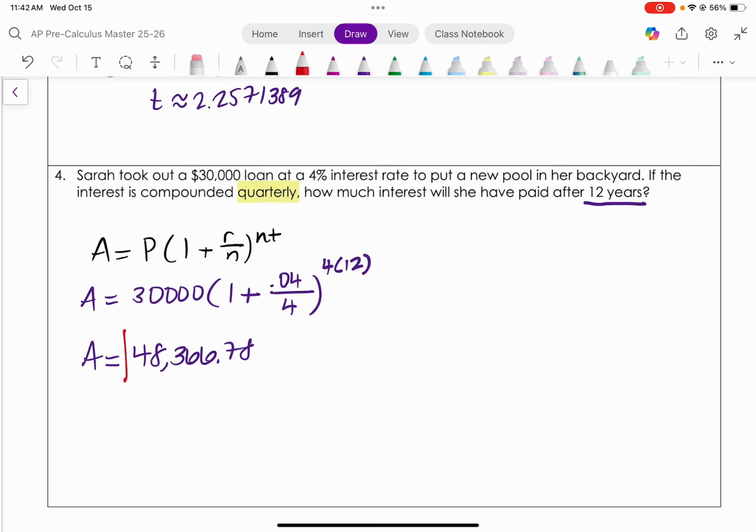Now from here, the question asks how much interest she's gained. So remember, this is how much is on the loan. She doesn't get all of that in interest. I need to subtract the initial 30,000 to figure out how much interest.